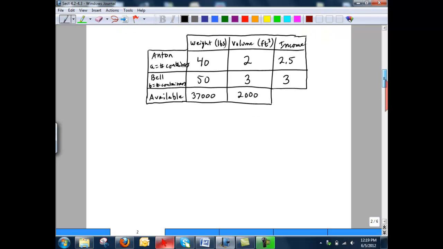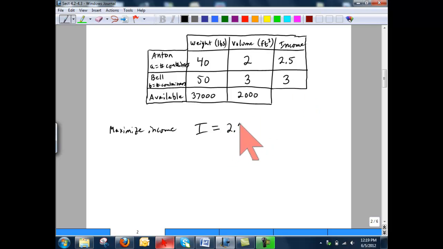So now we've converted the English text into tabular form, and our goal is to maximize income. What is that? Income equals, we're going to make income from Anton containers and some income from Bell containers.